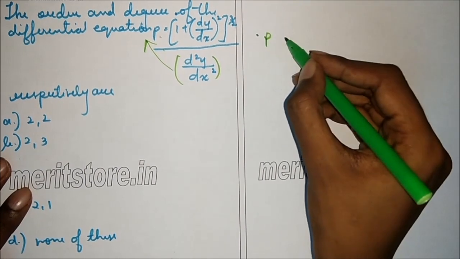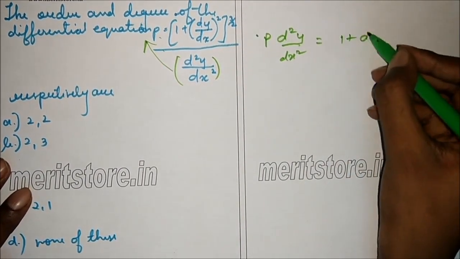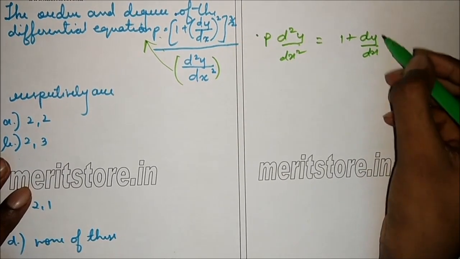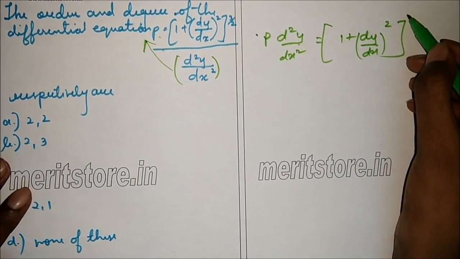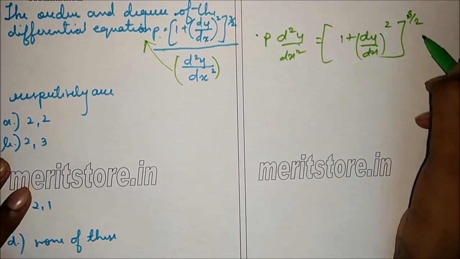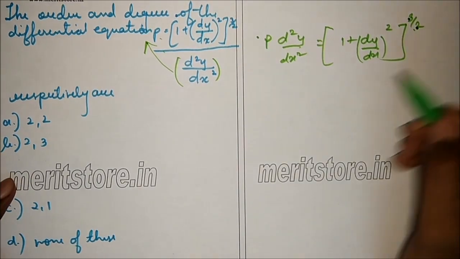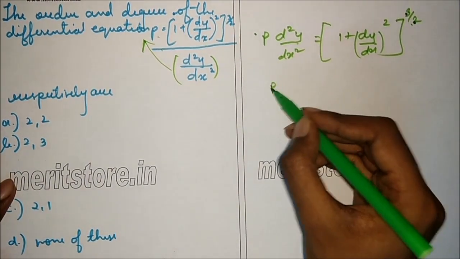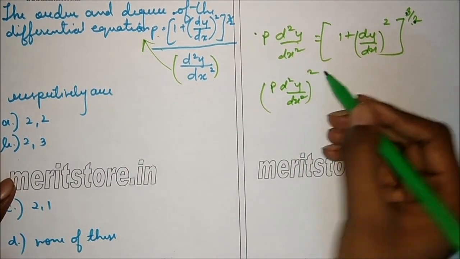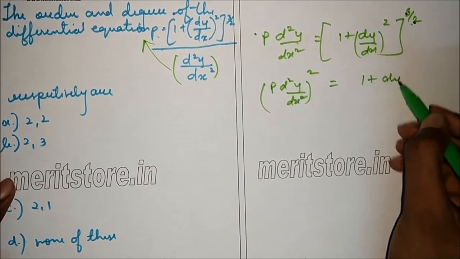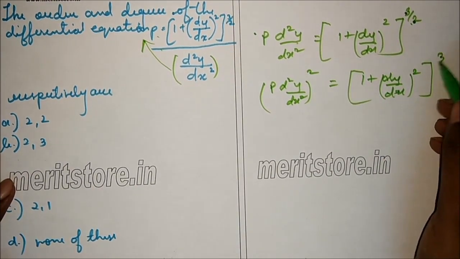So this will be P · d2y/dx² = (1 + (dy/dx)²)^(3/2). Now we square both sides to remove the fraction, that is 1/2. This will be (P · d2y/dx²)² = (1 + (dy/dx)²)³.